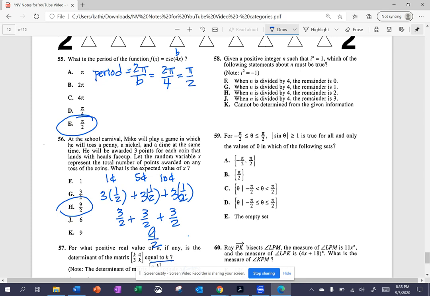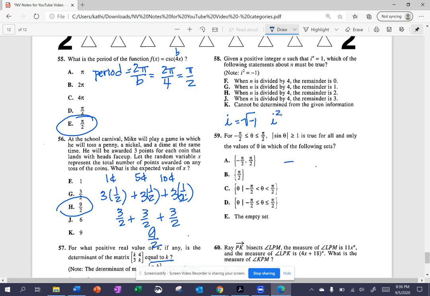Given a positive integer n such that i to the nth equals 1, which of the following statements about n must be true? So this is about imaginary numbers. So i equals the square root of negative 1.